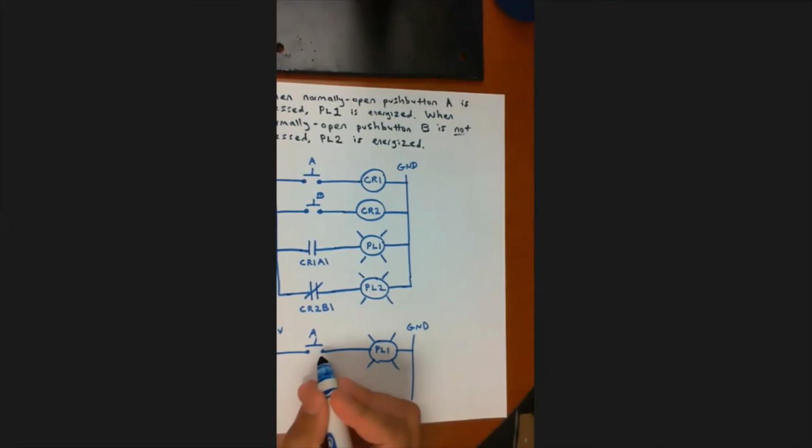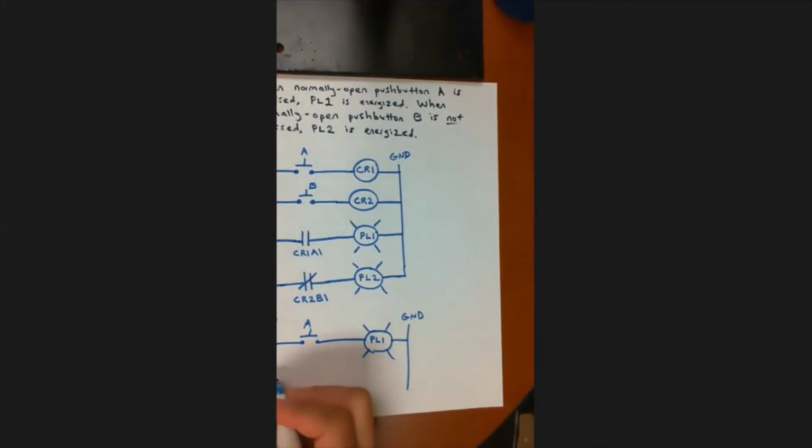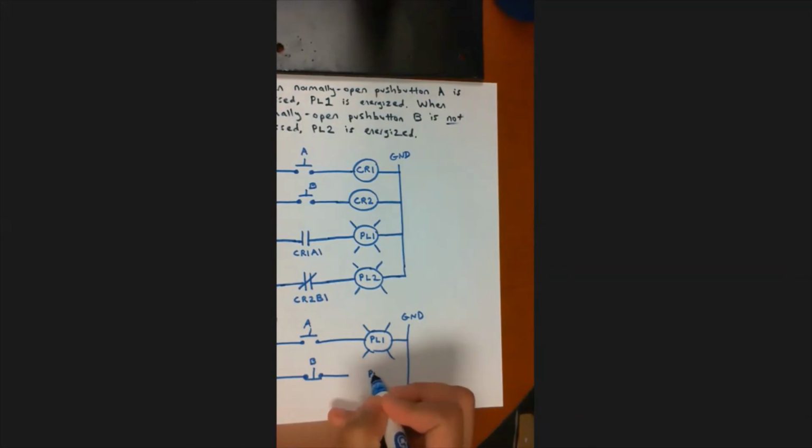So that meets the requirements for A, so I didn't really need a relay there. And then for B, I could have actually used a normally closed push button. So this has continuity through it until I press B, and then this is going to be PL2.